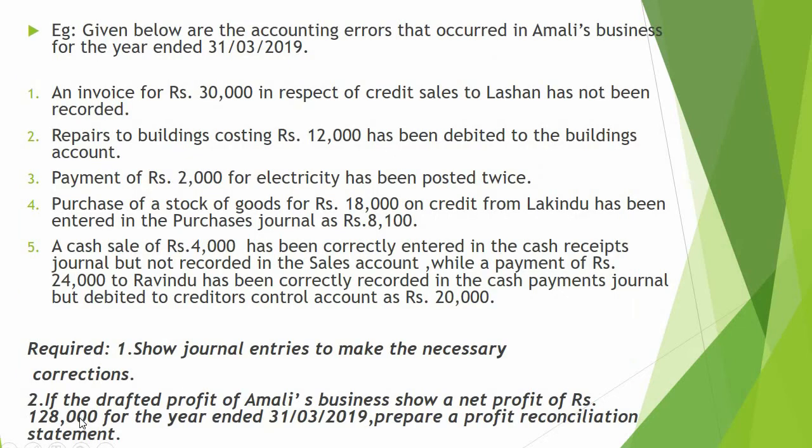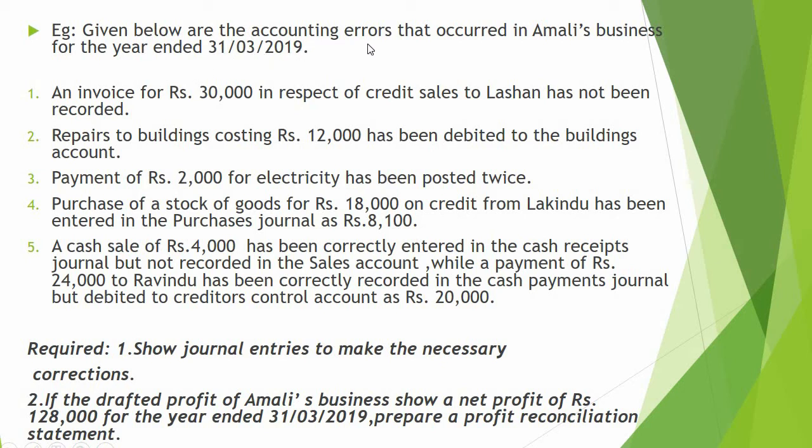Now, we are going to work out an example. You are given 5 accounting errors. You are required to show journal entries to make necessary corrections and to calculate adjusted profit by using a profitability reconciliation statement.